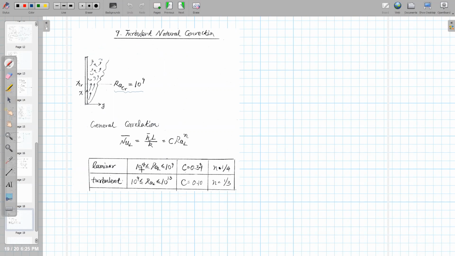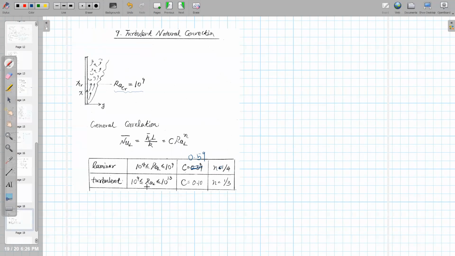For laminar cases, like 10 to the power 4 to 10 to the power 9, this C can be 0.59, and n can be equal to 1/4.